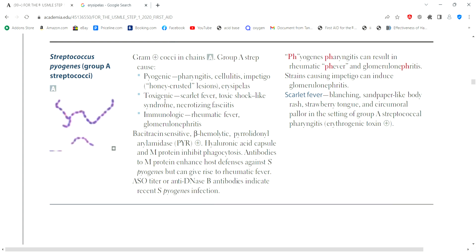So the hyaluronic acid capsule and M protein stop phagocytosis.